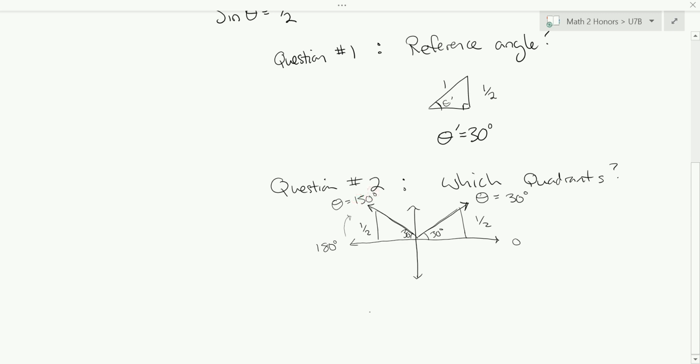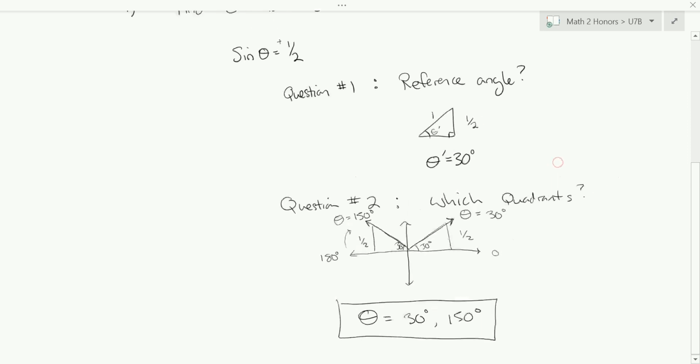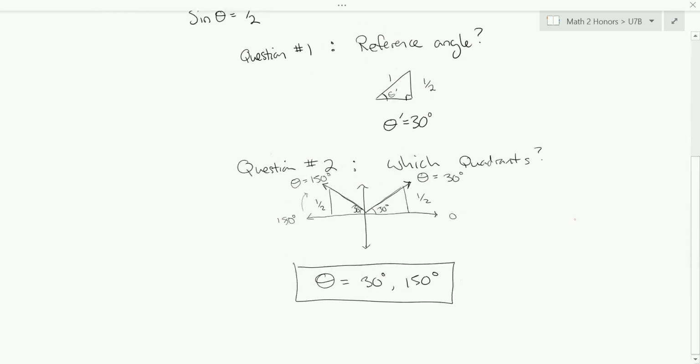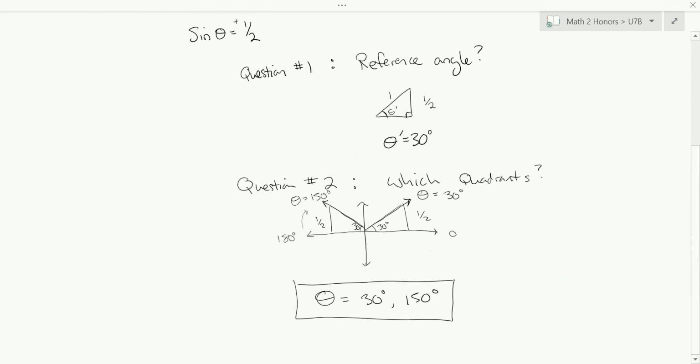And so we'll write our answer, theta is 30 degrees and 150 degrees. And that's the process you go through to solve for an angle. Okay. So, any questions on that first one?